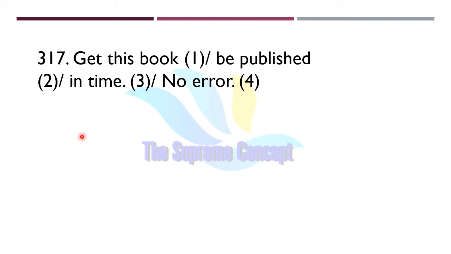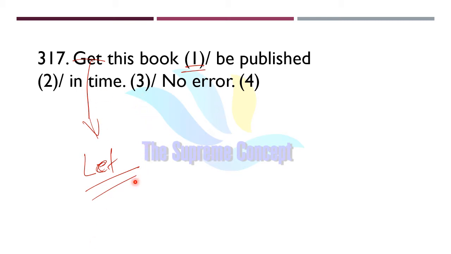Question number 317, get this book be published in time. Now find out where exactly the error lies in this question. Yes, you are correct, the error lies in part number one. Here get is wrong, so instead of get we will use let. So it will be like, let this book be published in time.